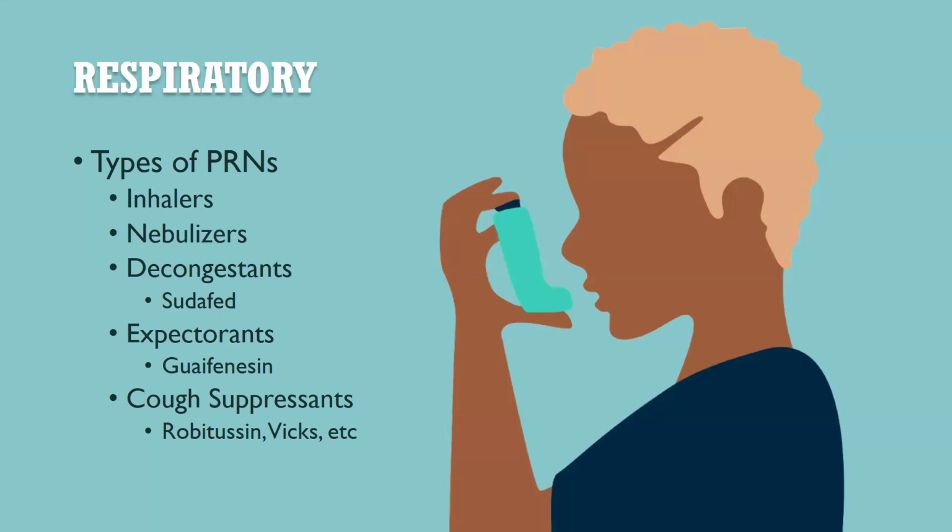Some other medications that you might see ordered as needed for respiratory symptoms are decongestants such as Sudafed, expectorants such as guaifenesin, which helps thin mucus secretions so they're easier to move through the respiratory system, and then also cough suppressants like Robitussin and Vicks.